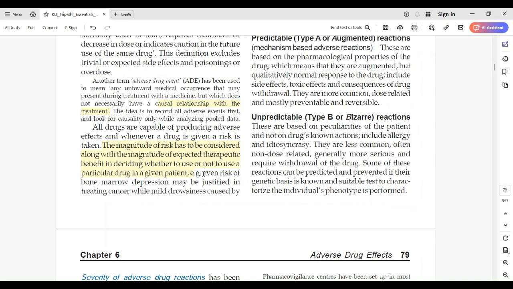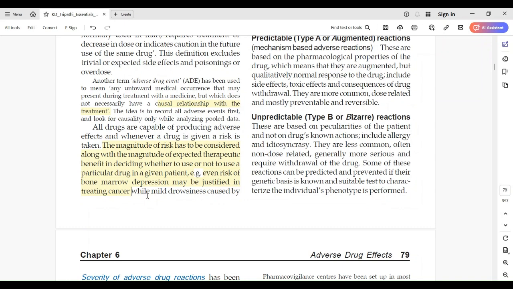For example, even the risk of bone marrow depression may be justified in treating cancer. A lot of anti-cancer drugs have the adverse effect of bone marrow depression, because anti-cancer drugs prevent mitosis, or cell division.